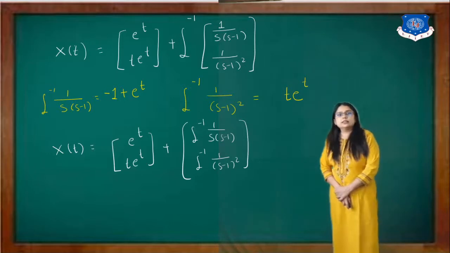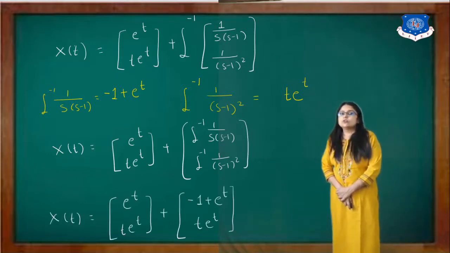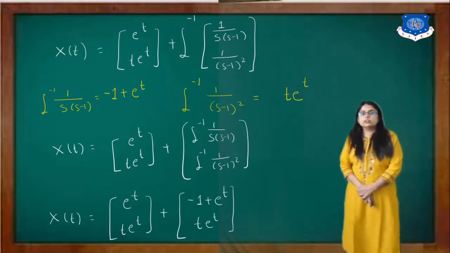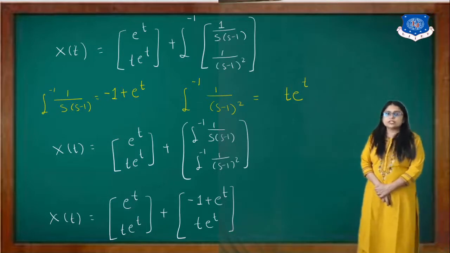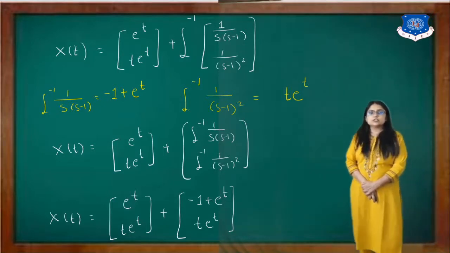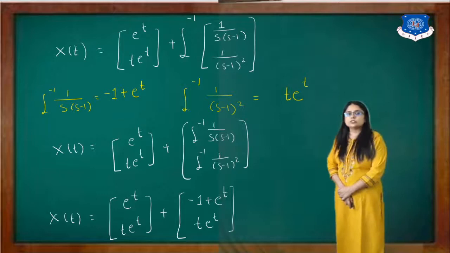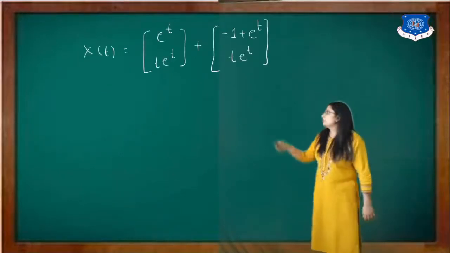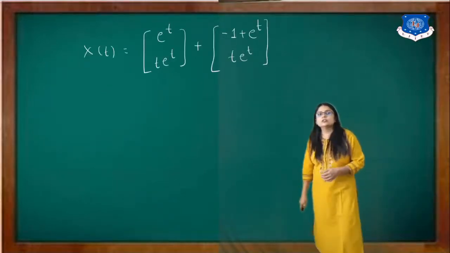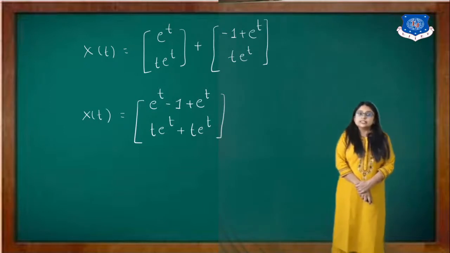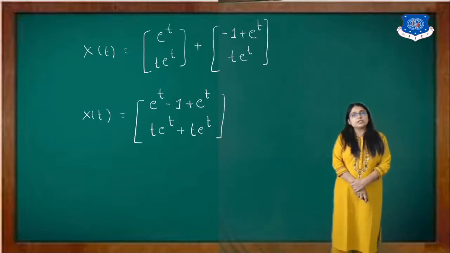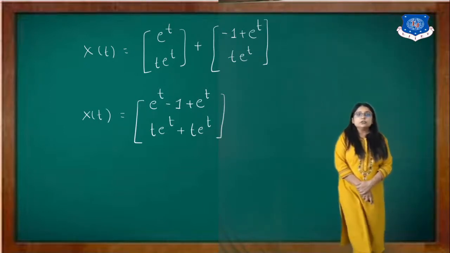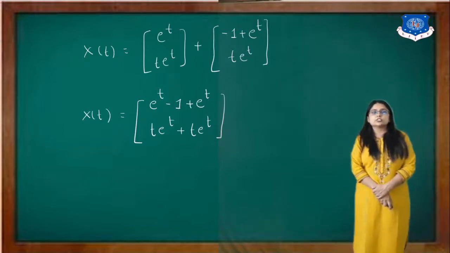Now, see here. So what we have? e raised to t into e raised to t plus minus 1 plus e raised to t into e raised to t. Simply what we want to do, we can add these two matrices. So what we have, that is e raised to t, minus 1 plus e raised to t into e raised to t plus t into e raised to t.